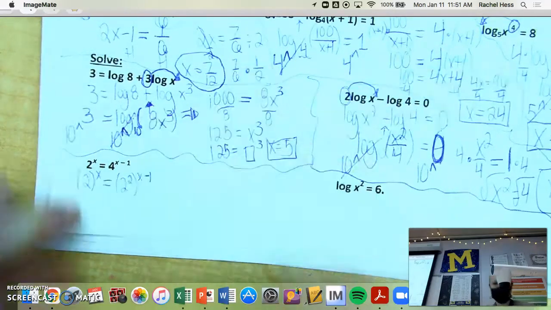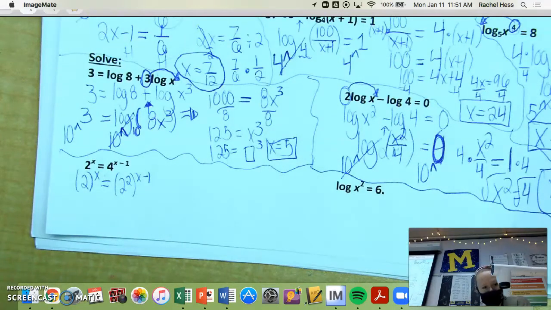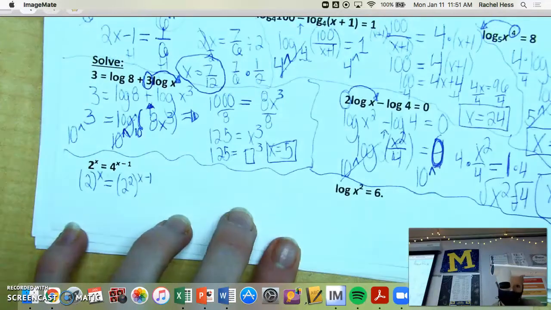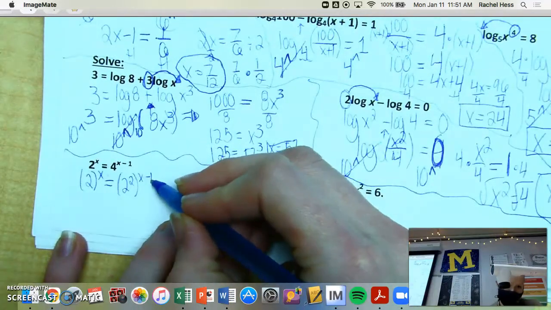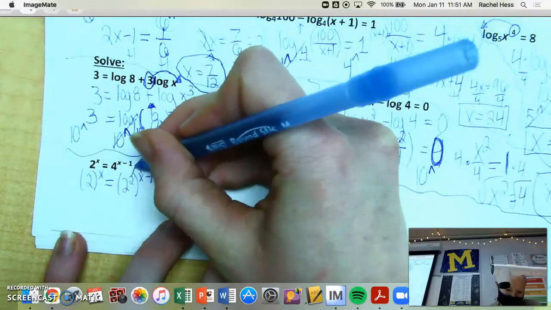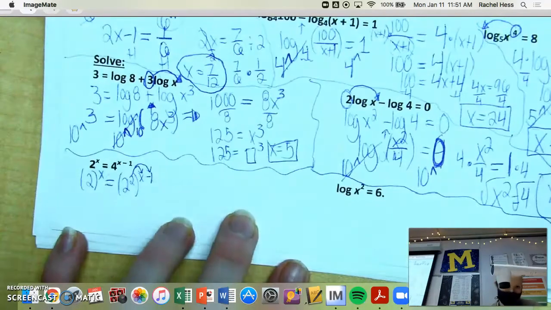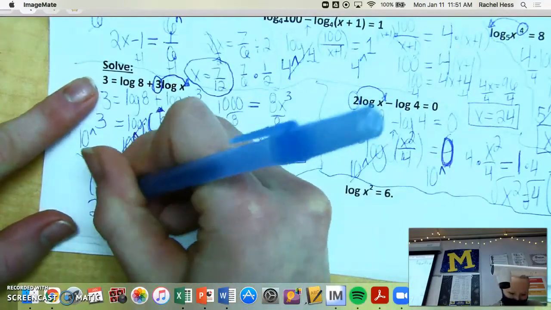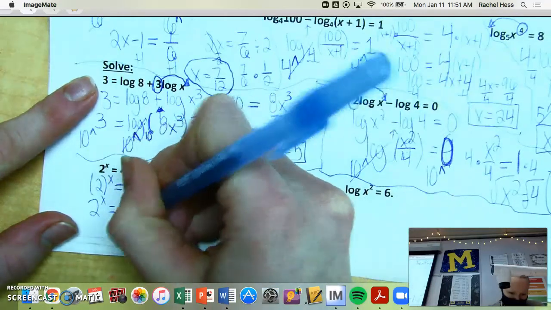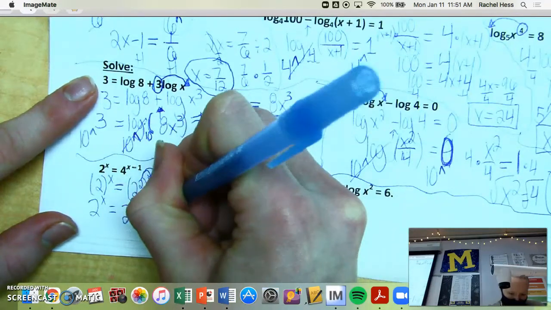And then I have an x minus 1. Once I get to this point, the rule of power of a power means I have to multiply my exponents, but I have to multiply both pieces by 2 to get 2 to the x power equals 2 to the 2x minus 2.